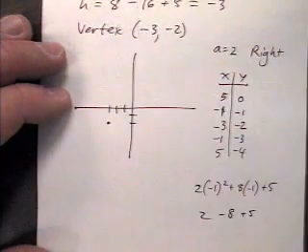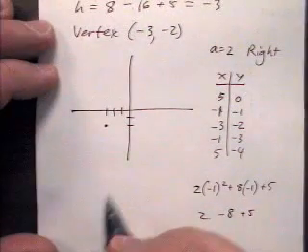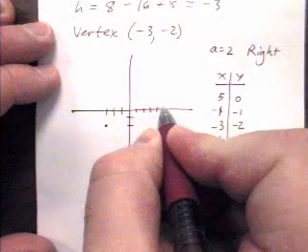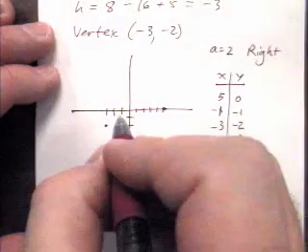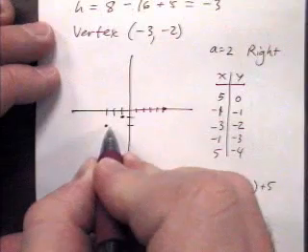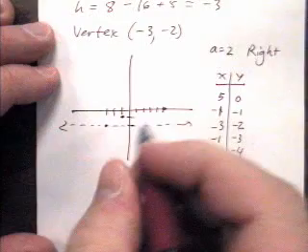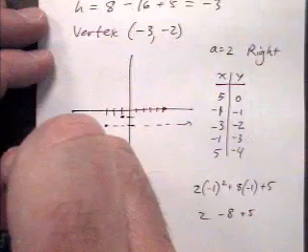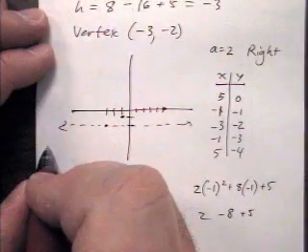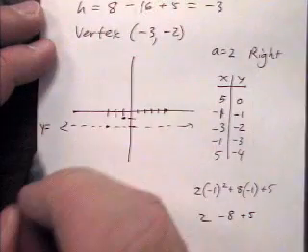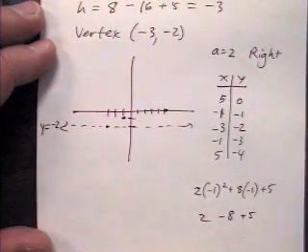So we can plot our points on our graph. We've got 5, 0 and negative 1, negative 1. Keep in mind, your axis of symmetry cuts this thing in half. The axis of symmetry would be y equals negative 2.